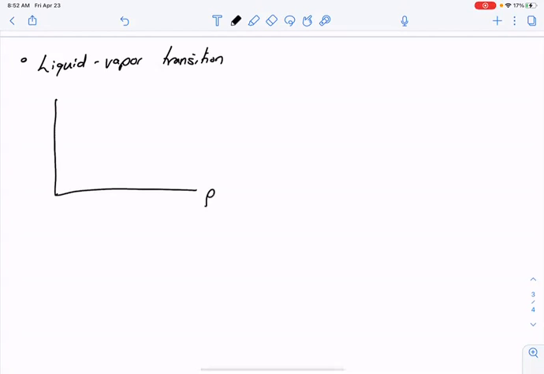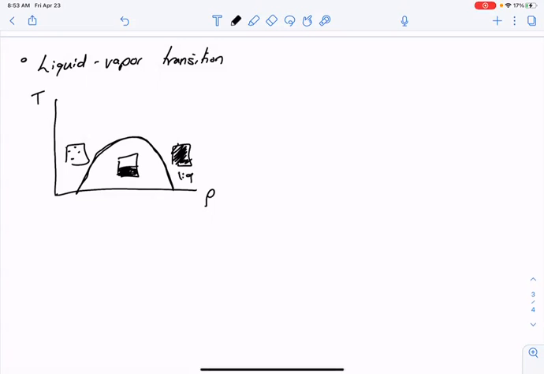If we are working at low temperatures, typically we can take a fluid, maybe like water, and find conditions in which its liquid, its high density state, is in coexistence with its vapor, its low density state.